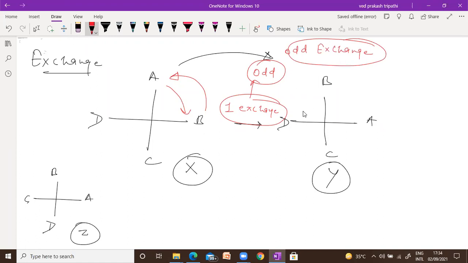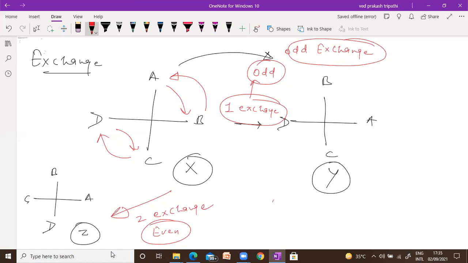And if you look at X to Z, the exchange between A and B as well as C and D. So you can see this is two exchanges, and this is even. So whenever you have an even exchange, or 2, 4, 6 type of exchange, your configuration will remain the same.